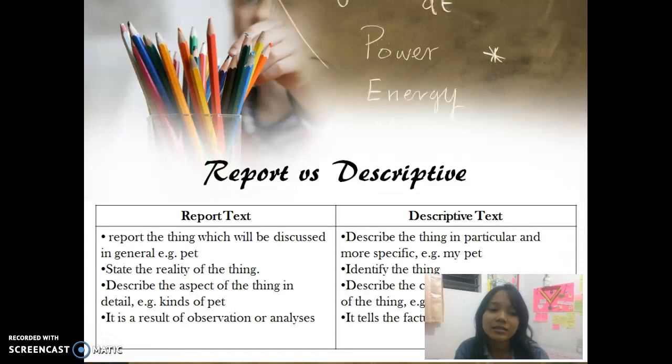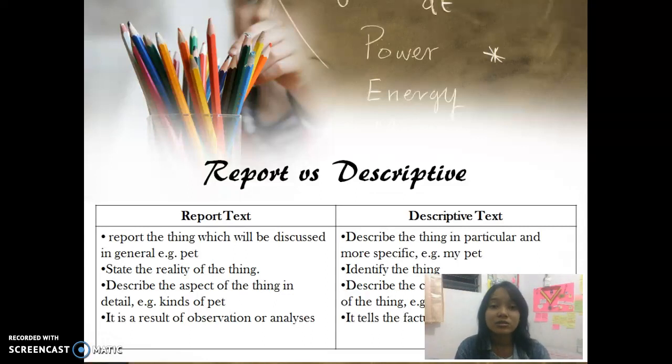And next, report text describes the aspects of the thing in detail, for example, kinds of pets, and it is a result of observation or analysis. But descriptive text describes the characteristics or the physique of the thing, like how it looks, and it also tells about the factual condition of the thing.